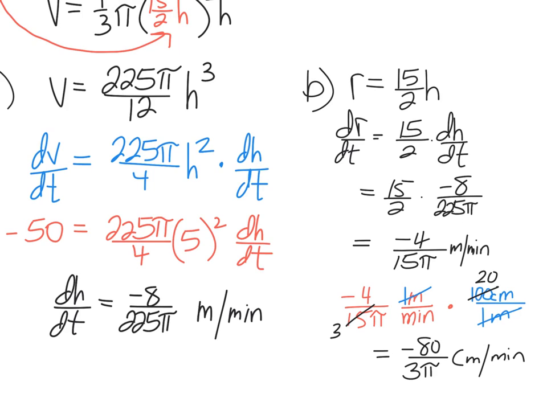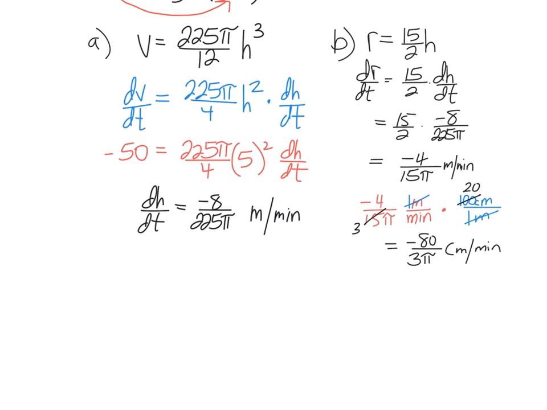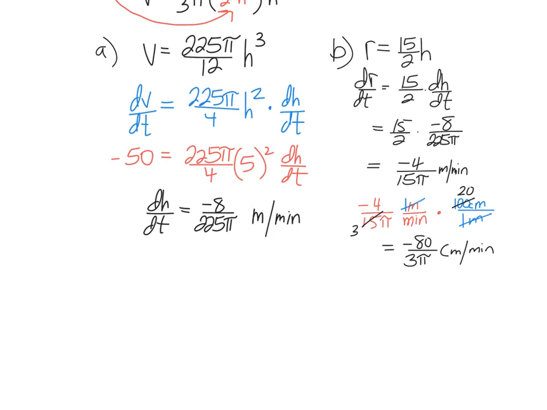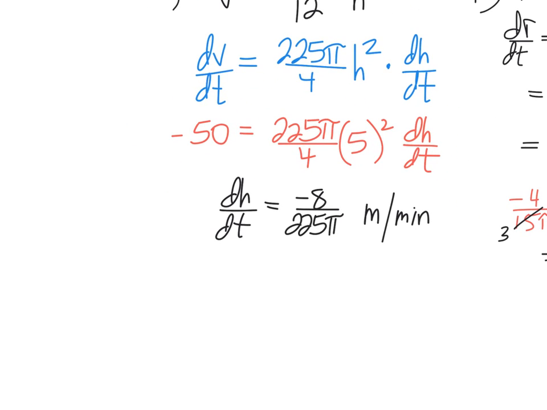I like this stuff. 19. A growing raindrop. Ooh, hello. Not an assigned one? All right, it matters not.